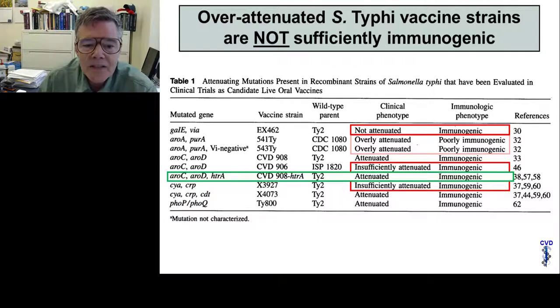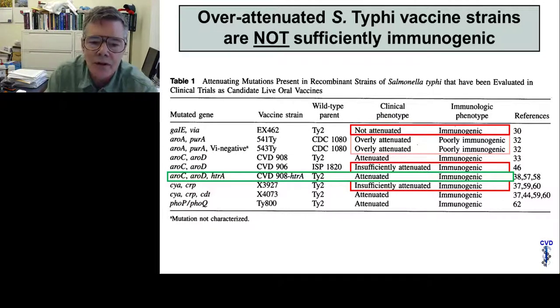Insufficiently attenuated vaccine strains are extremely immunogenic, but they're reactogenic, so they make you feel clinical symptoms. Unacceptable clinical reactogenicity is the way we like to call it, okay? So the key is to achieve the right balance between attenuation and immunogenicity.